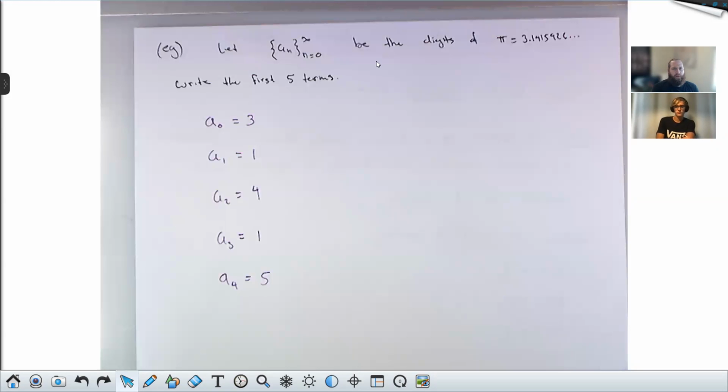One of the things we often like to do, given a sequence, is to find a formula for the nth term, right? If I can give you like an algebra formula to tell you what A10 or A50 or any An would be in terms of the number n, that would be really nice.